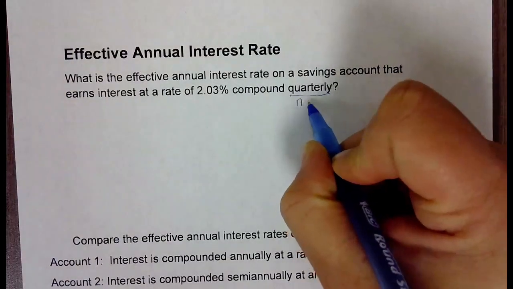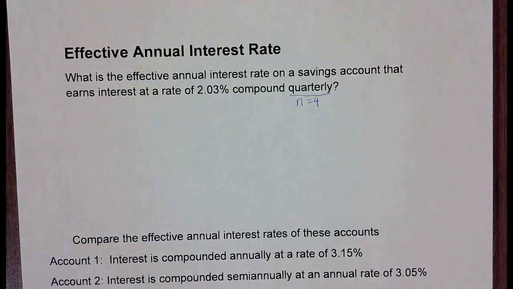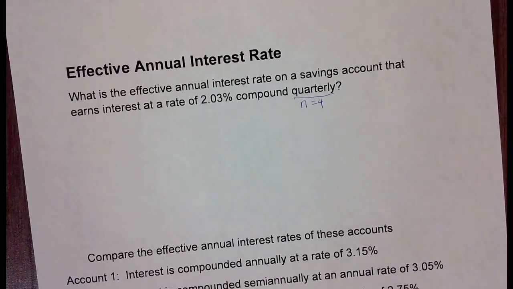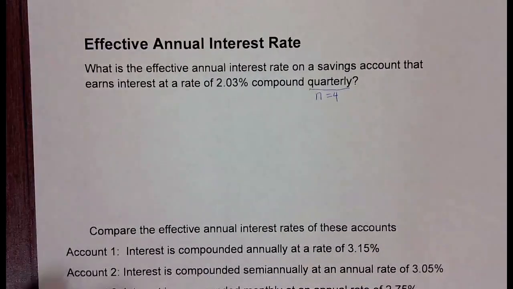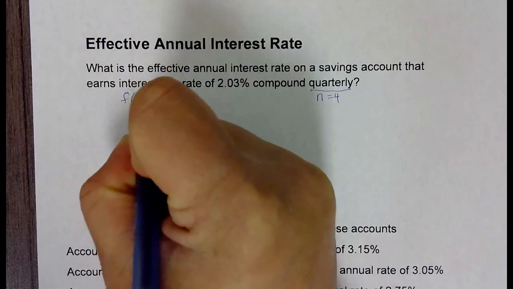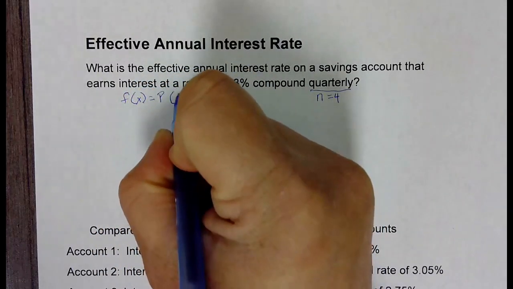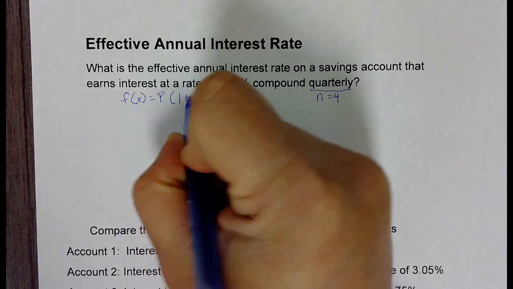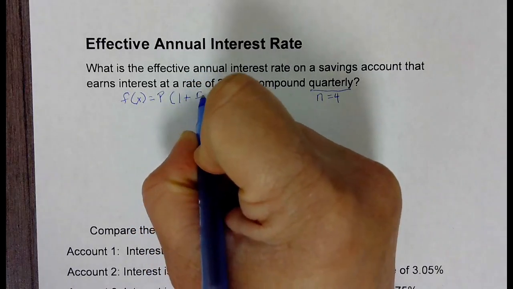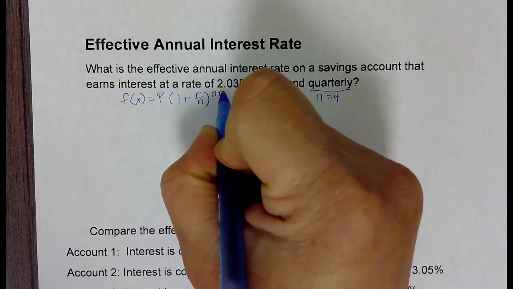Quarterly is going to be 4 times a year, so n is going to equal 4. I'm going to think about my compound interest equation. F of x equals principal times 1 plus the rate divided by n to the power of n times t.